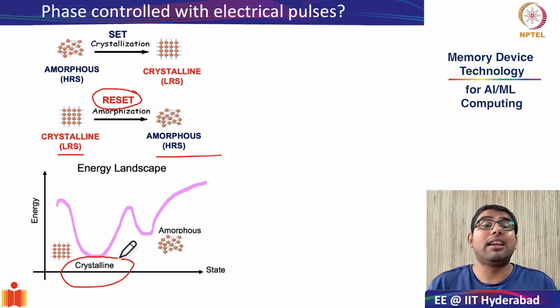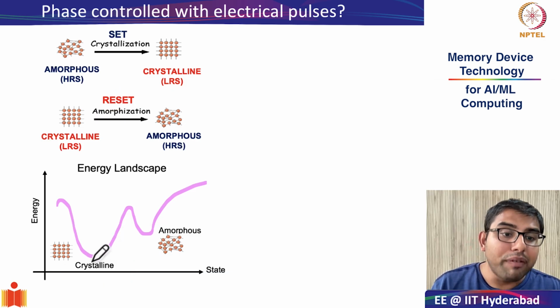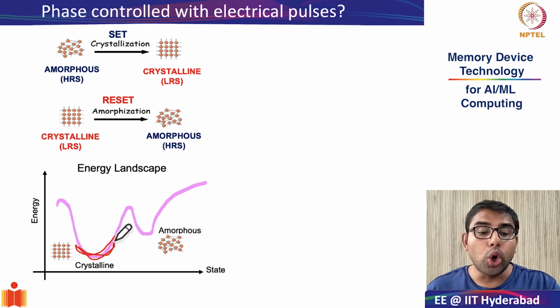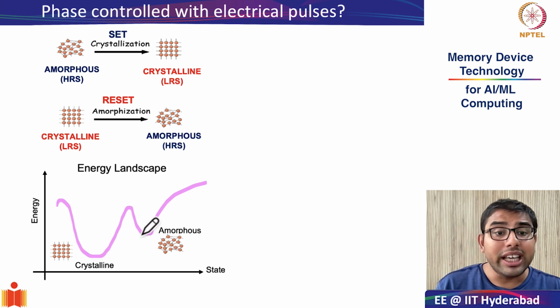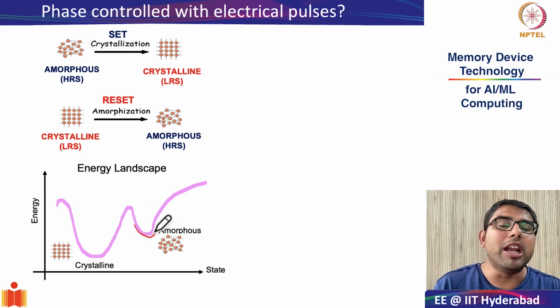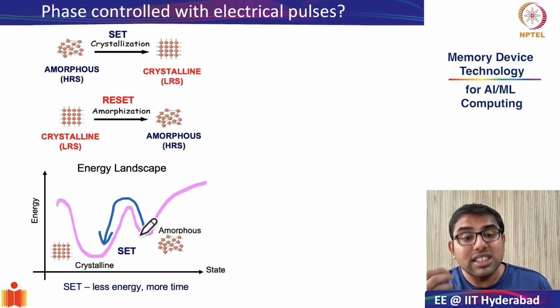This is what is indicated in this diagram. As you can see, this is the global minima. The crystalline phase is the global minima, whereas the amorphous phase is also a minima, but it is a local minima.